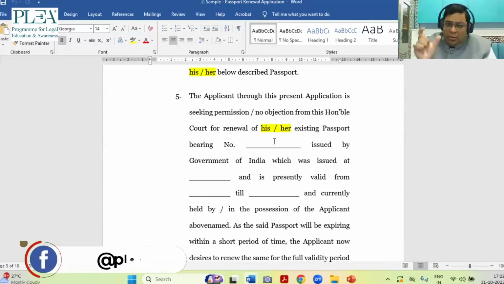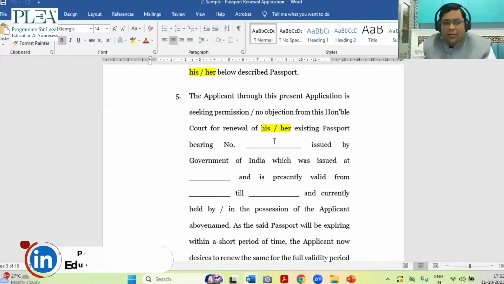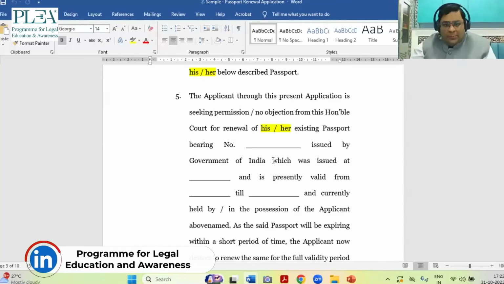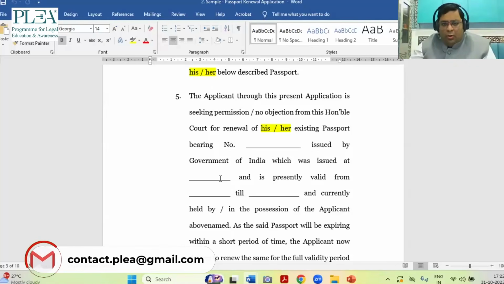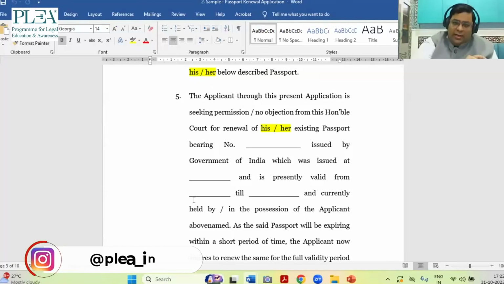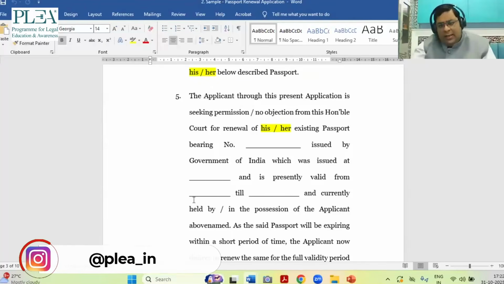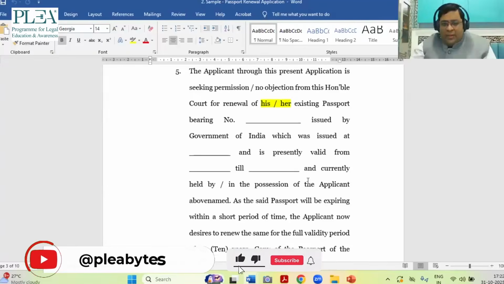The passport bearing number so and so, there's a unique reference number to each passport which is there on the front or the back side of the passport, which is issued by the government of India, issued at whichever city, Mumbai, Delhi, whichever your local passport office, and the validity period from date of activation till the date of expiry, which is in the possession of the applicant.